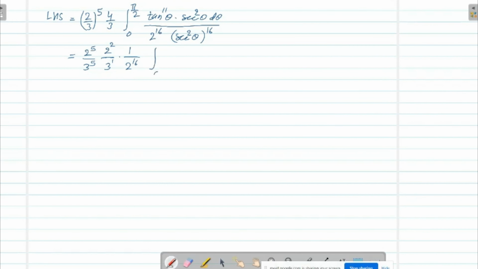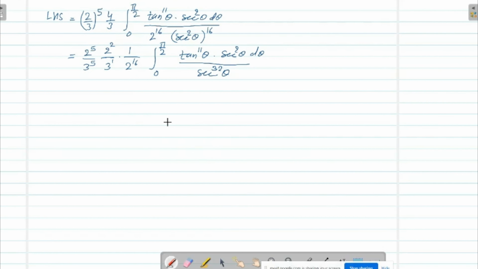Taking it outside, integration with limit 0 to pi by 2, and we write here 10 raised to 11 theta into sec square theta d theta, divided by sec raised to 32 theta.